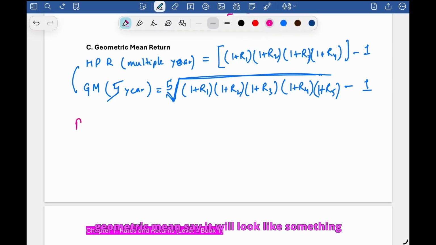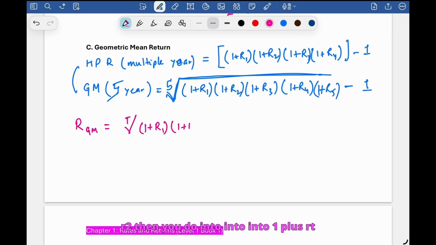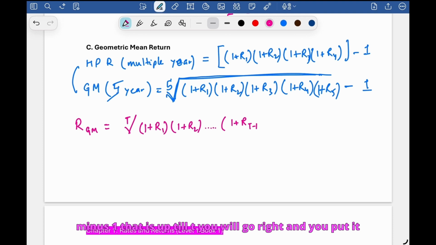If I write the formula in general, the return for geometric mean will look something like this. Say it is for t periods, then 1 plus R1 into 1 plus R2, and so on till 1 plus Rt, that is, up till t it will go, right?